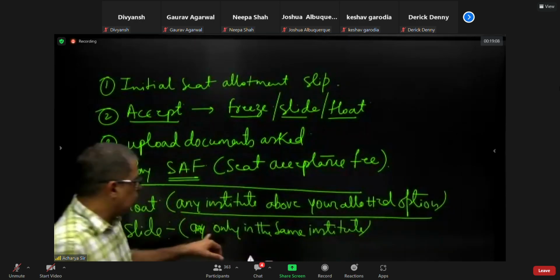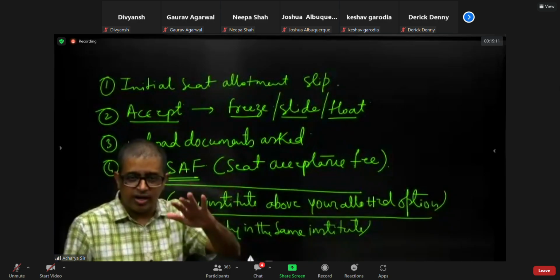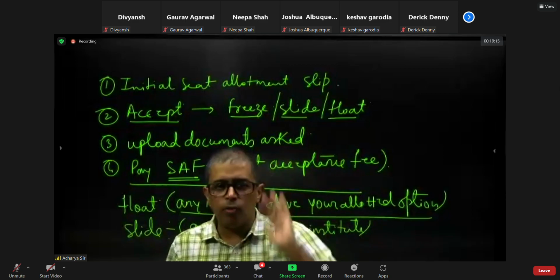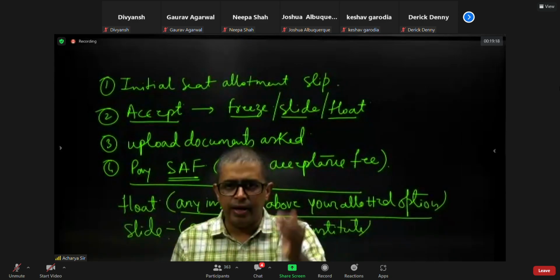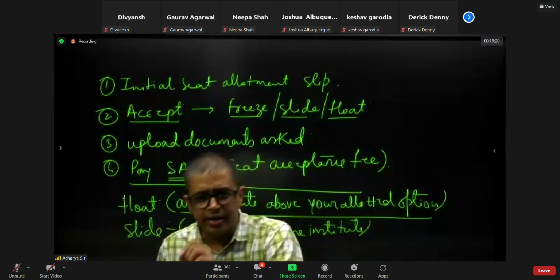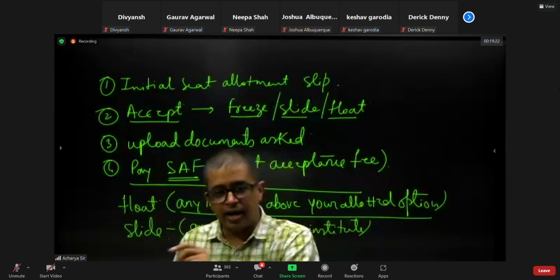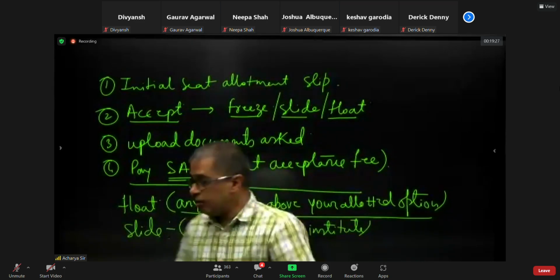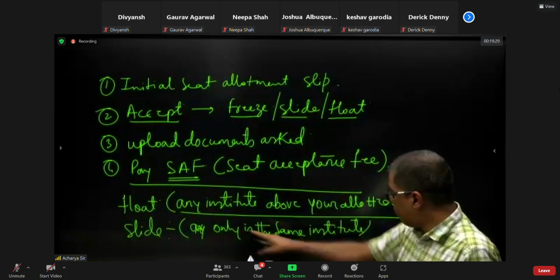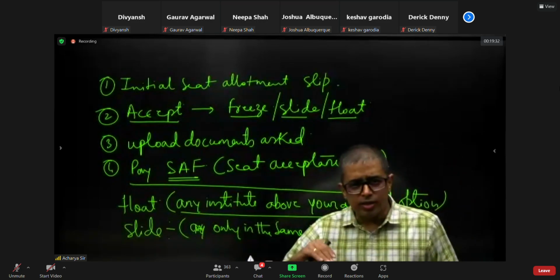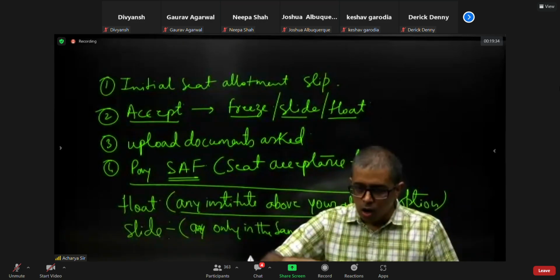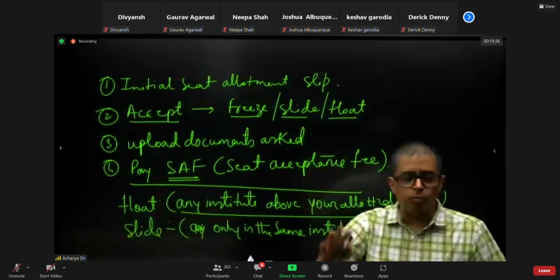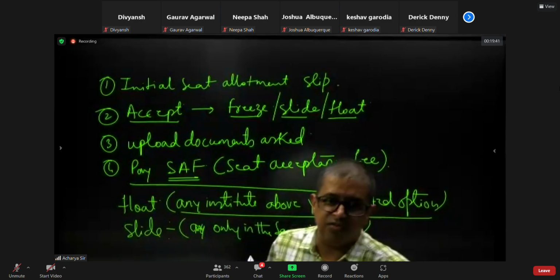Only in the same institute. For example, suppose you have firstly IIT Bombay Computer Science. Second, I have picked up IIT Delhi Computer Science. Third, IIT Madras Computer Science. Now, in this particular option, if I got the 11th option, say, and if I select slide, all IIT Bombay options only will be available for us.